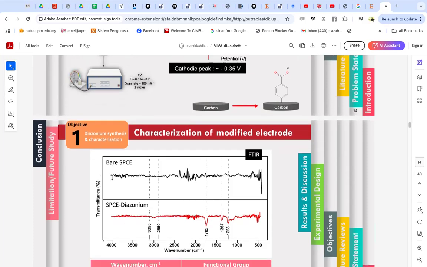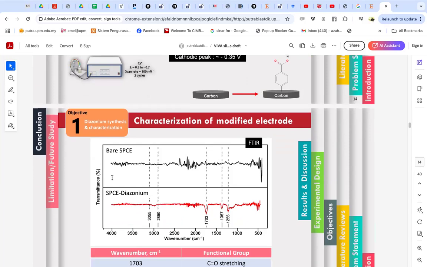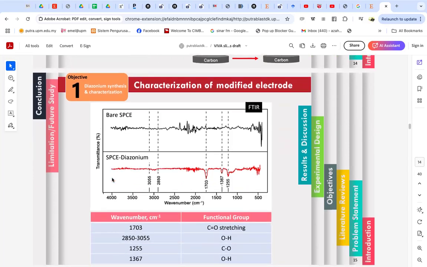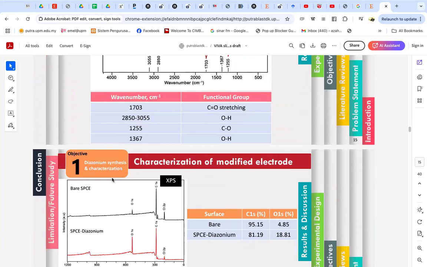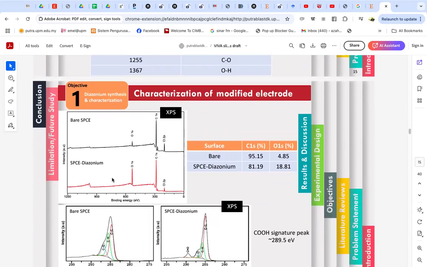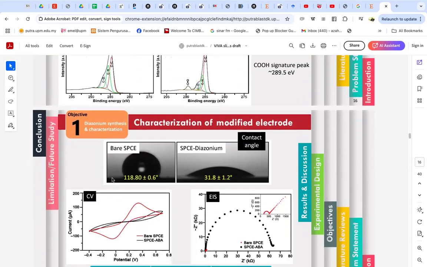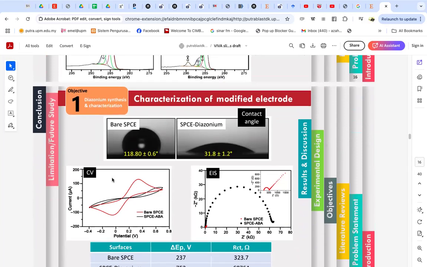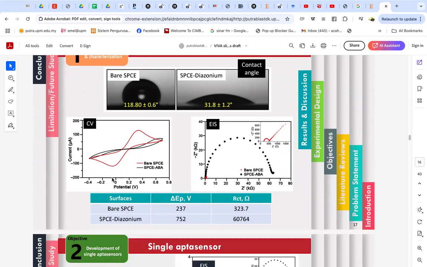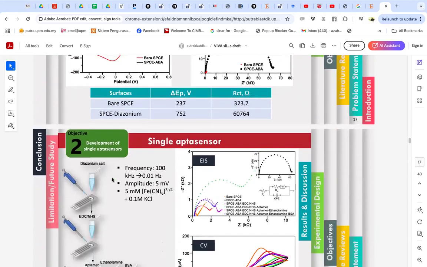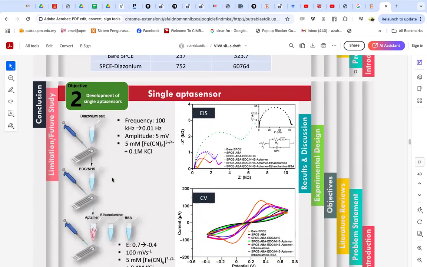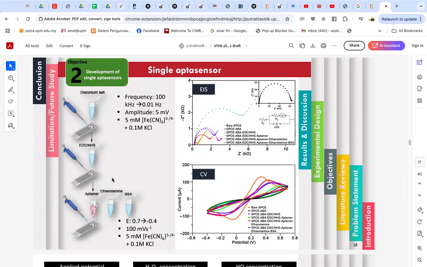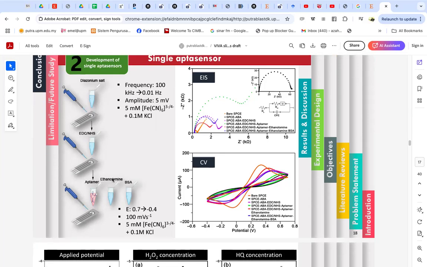Since we did the diazonium just now, we look at the FTIR and then XPS, also contact angle, to confirm the diazonium is there already. And then we have to do some conditioning.